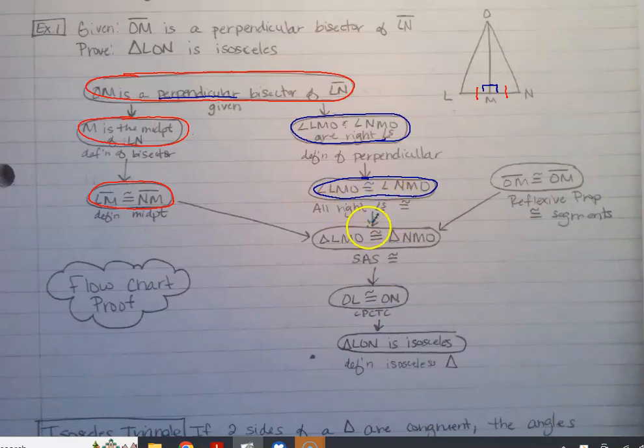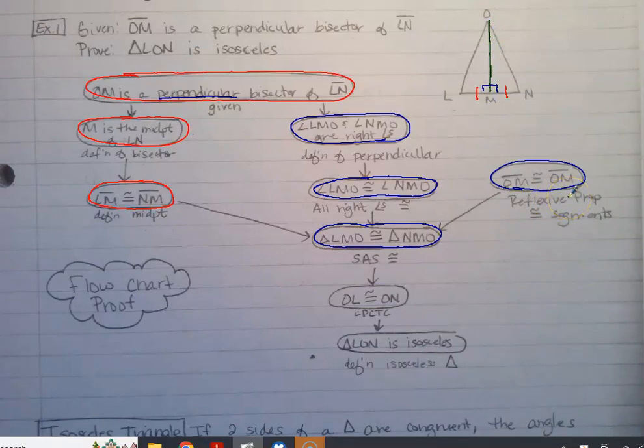And then we can say, well, then triangle LMO is congruent to triangle NMO. Well, wait, we haven't proved that yet, right? We have one side and we have one angle. But we know we brought this last piece in: OM is congruent to OM, because of the reflexive property.